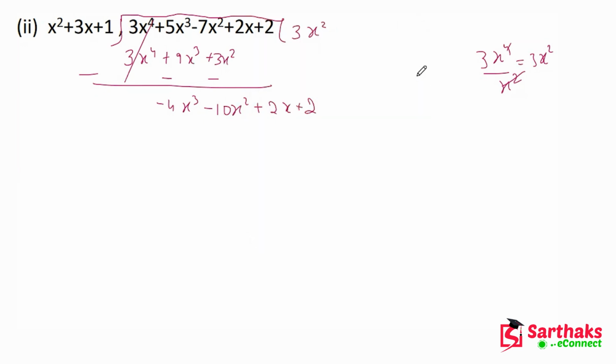Now here is minus 4x cube. Minus 4x cube, if we divide by x square, then it becomes minus 4x. This is x cube. Okay, 4x, and we get minus 4x cube.